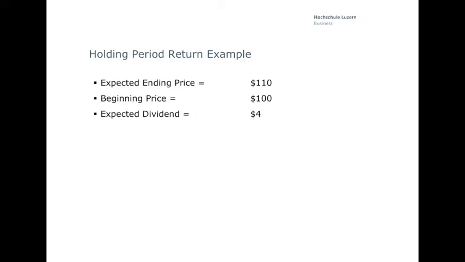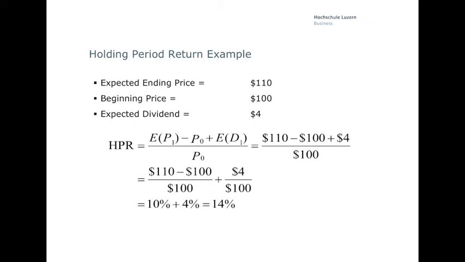Let's do an example of calculating the holding period return. Now, if you have an expected ending price of $110 and today a beginning price of $100 and an expected dividend of $4, we can actually compute the holding period return. It's simply the ending price minus the initial price plus the dividend, divided by the initial price.